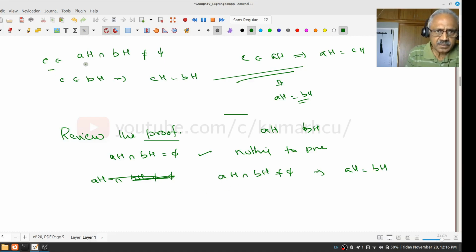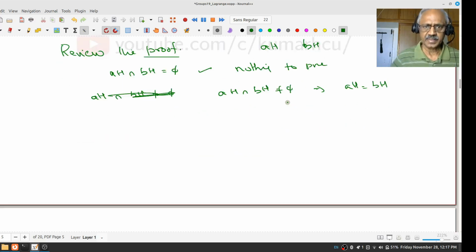Take a common element C. Therefore C belongs to AH, but one of the properties says the coset AH is the same as the coset CH. Similarly, C belongs to BH, therefore the cosets CH and BH are the same. And hence the cosets AH and BH are the same. So we proved it, right?